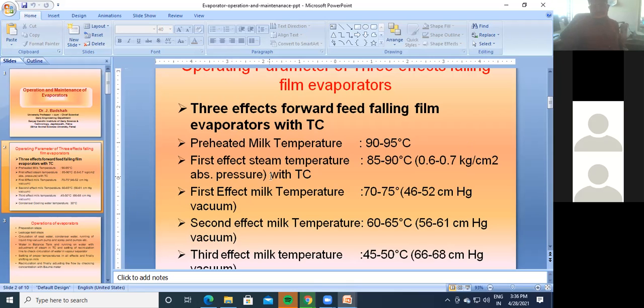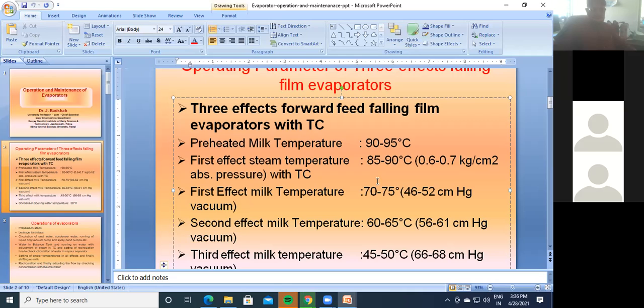In the first effect, the steam temperature in the jacket should be 85 to 90 degrees centigrade so that the first effect evaporating temperature is 70 to 75 degrees centigrade, when the vacuum is about 46 to 52 centimeter of Hg.